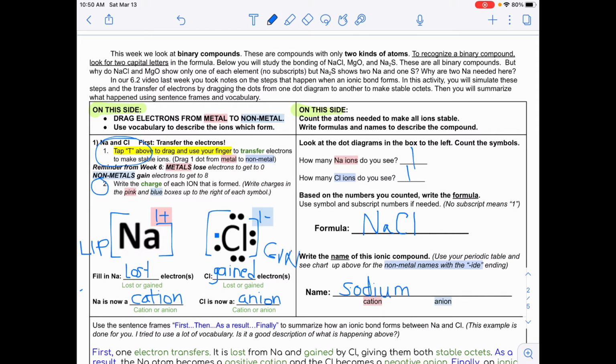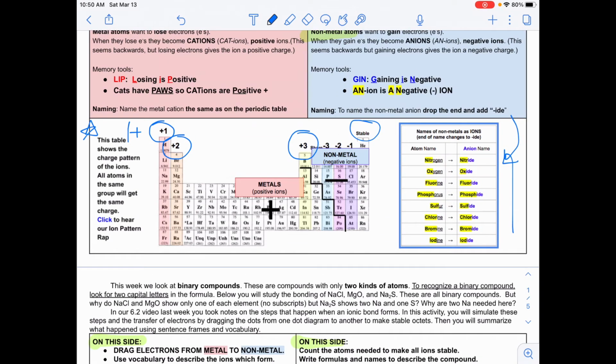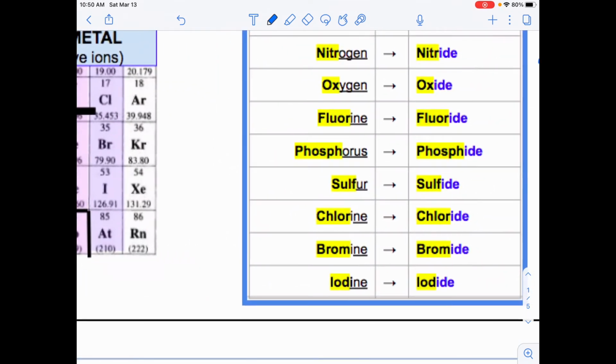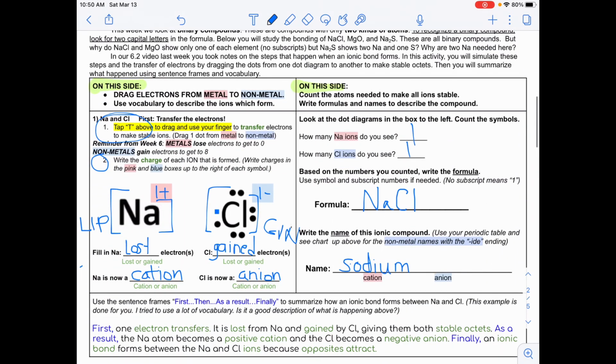But Cl on the table is chlorine, and here we see it's chloride. Chlorine becomes chloride. So we're going to put sodium chloride. You've heard that one a few times, so you'll start to get used to it the more you hear it.